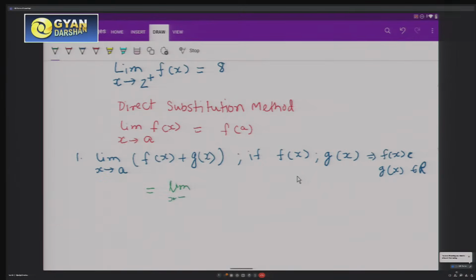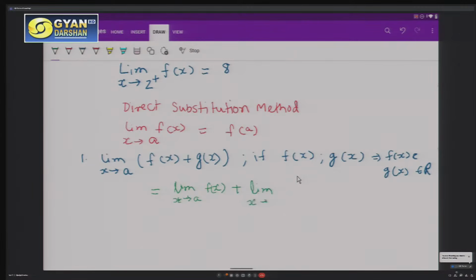limit x tends to a f(x) plus limit x tends to a g(x).